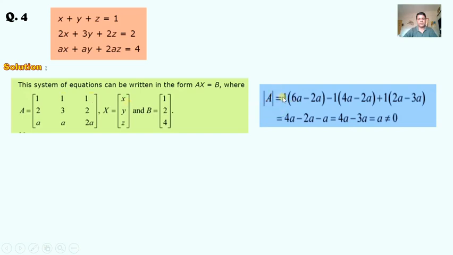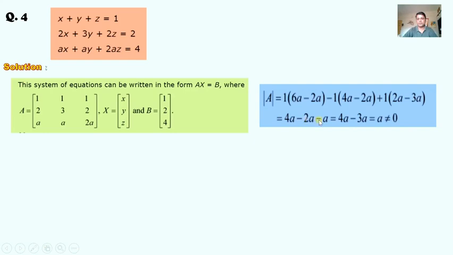So determinant A is equal to 1 into, leaving these two perpendicularly, 2 3 is 6a minus 2a. So this is 6a minus 2a, and then minus 1, leaving this way, 2 2 is 4a minus 2a, and then plus 1, leaving this way, we have 2a minus 3a. Solving it, 6a minus 2a is 4a, and then 4a minus 2a is 2a, and then minus outside, and then plus 2a minus 3a is minus a.